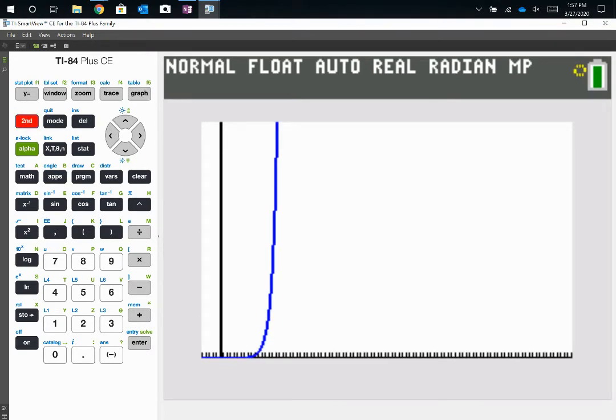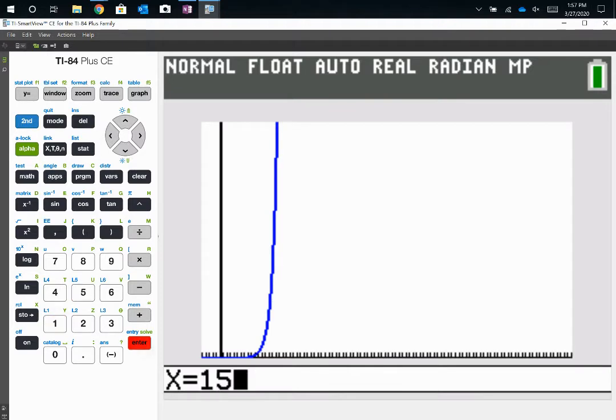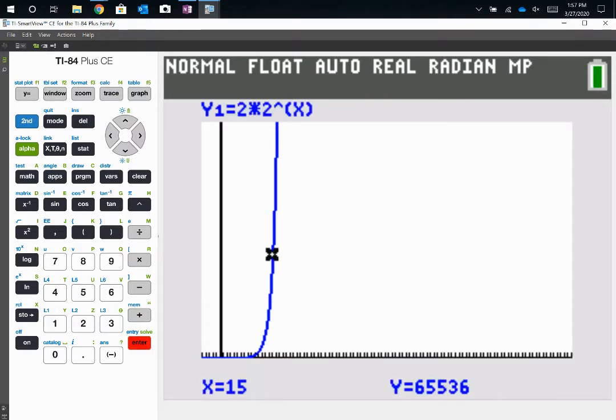And let's calculate the value at, say, day 15. And now you can see on the graph at day 15, 65,500 people have the flu.